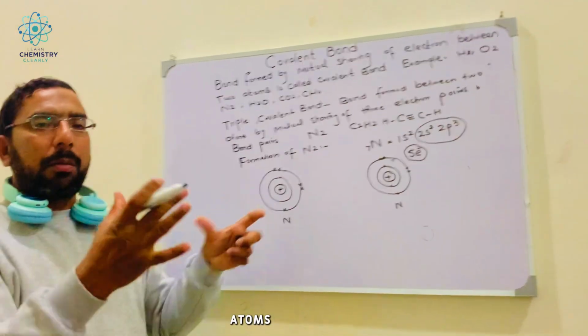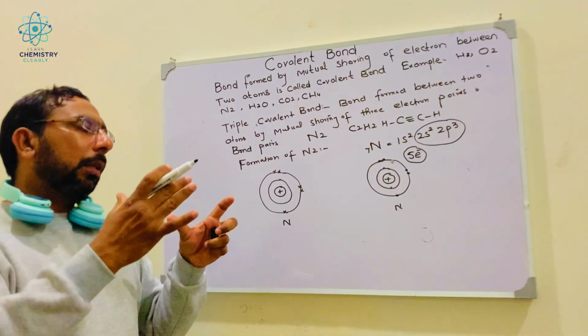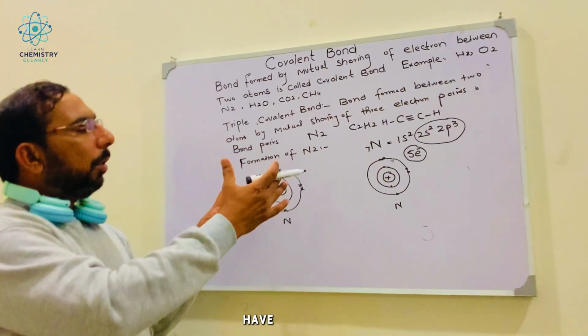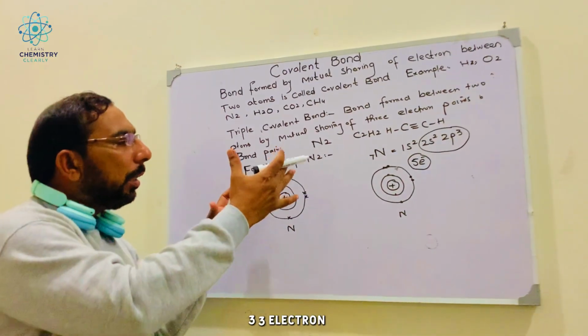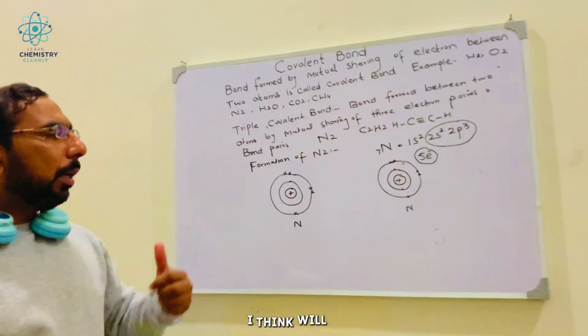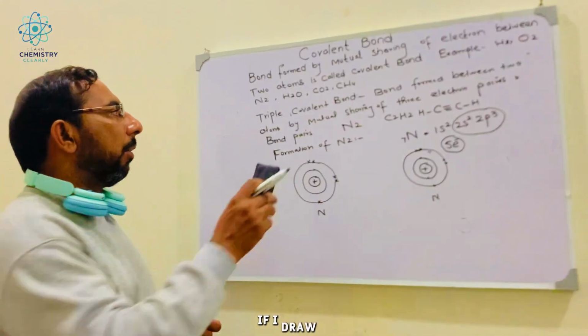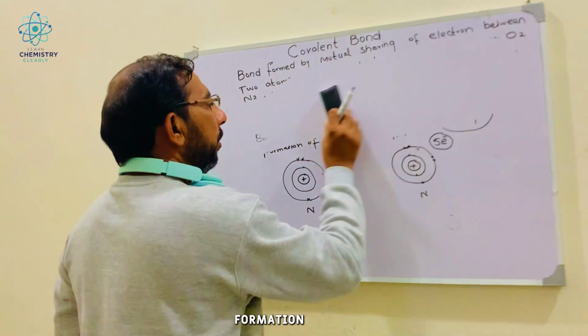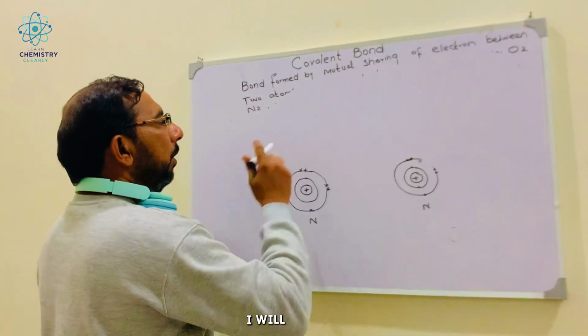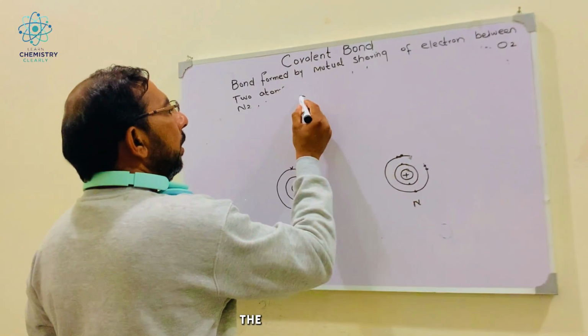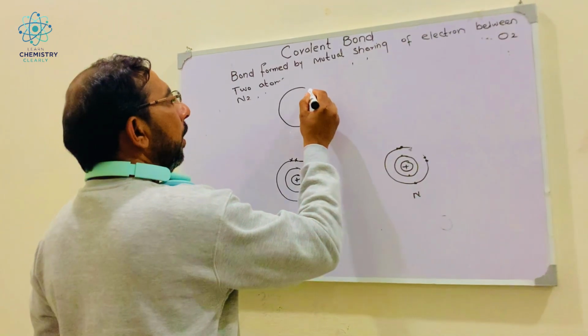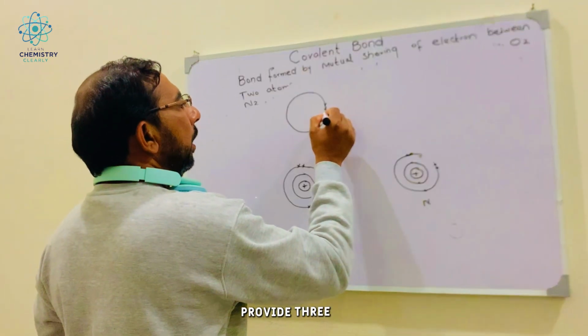When these two atoms come close to each other, then they will have to share 3 electrons from each atom, and there will be formed 3 bond pairs between two atoms. Like this, if I draw its structure of formation of N2, I will write as this is the first atom of N2 and it will provide 3 electrons.